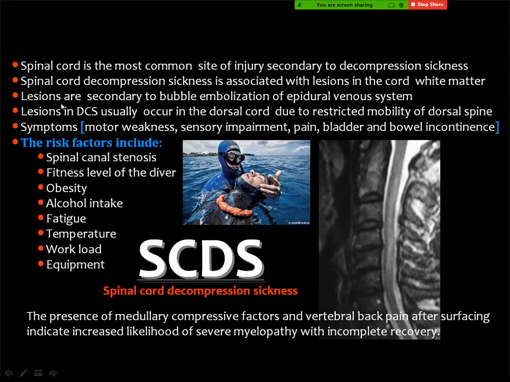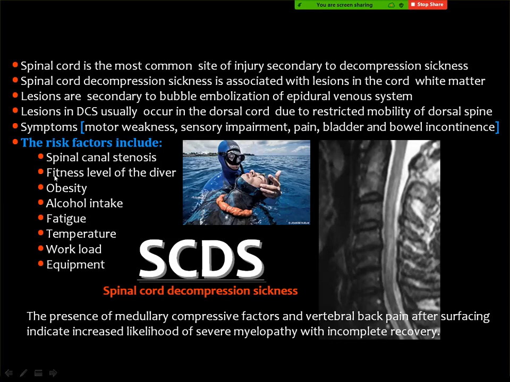They assume that the lesions are secondary to bubble embolization of the epidural venous system, and this will result in impedance of the vascular supply of the cord. It will result in motor weakness, sensory impairment, pain, and bladder and bowel incontinence. The possibility of this decompression sickness is high in patients with spinal canal stenosis.